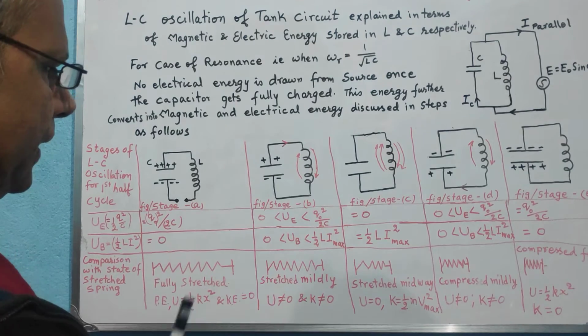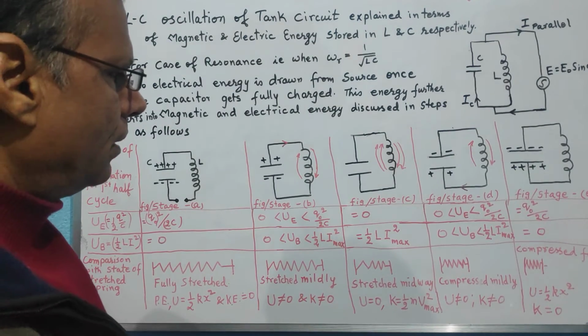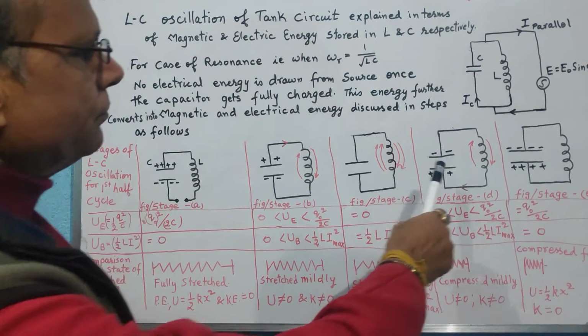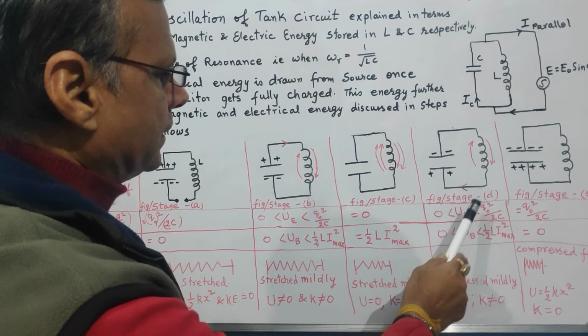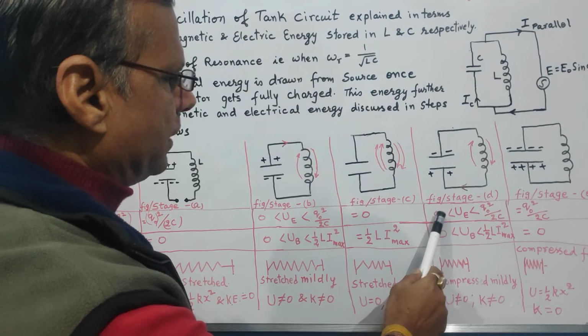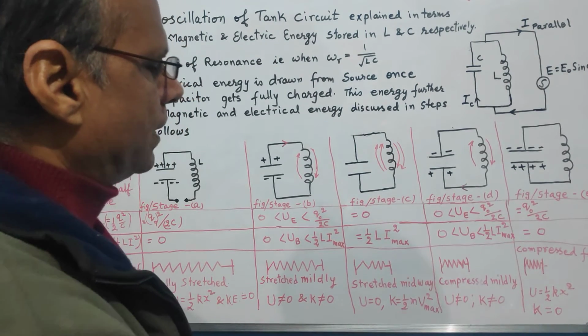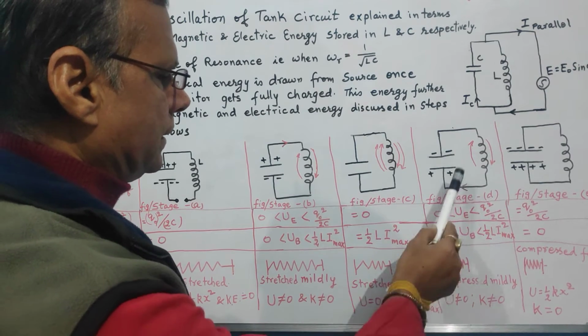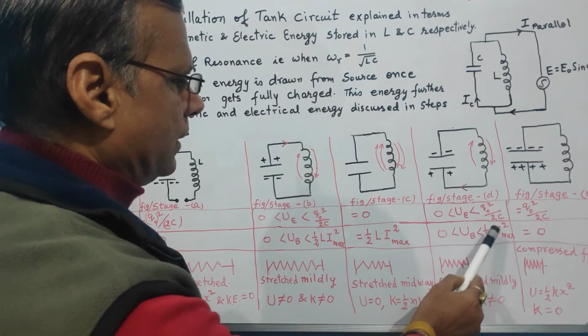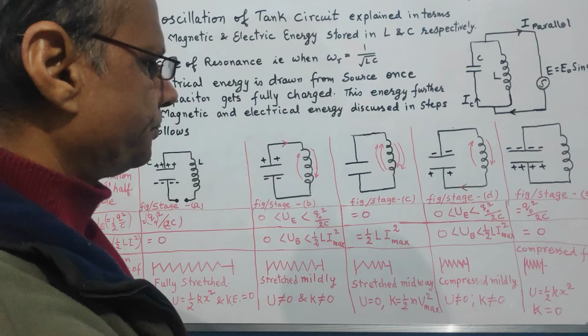And if you compare it, here you see the electrical energy stored in this stage lies between 0 and Q0 square by 2C, and the magnetic energy stored lies between 0 and half L i max square.